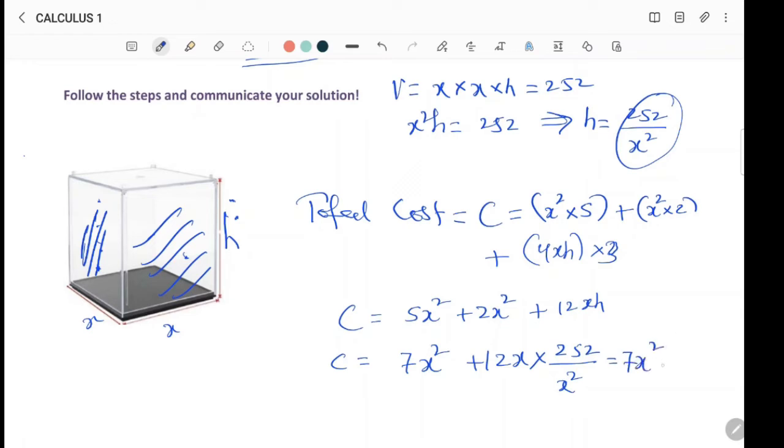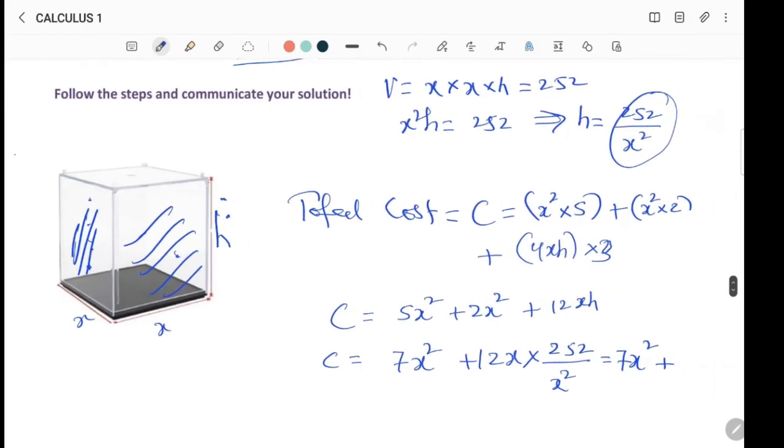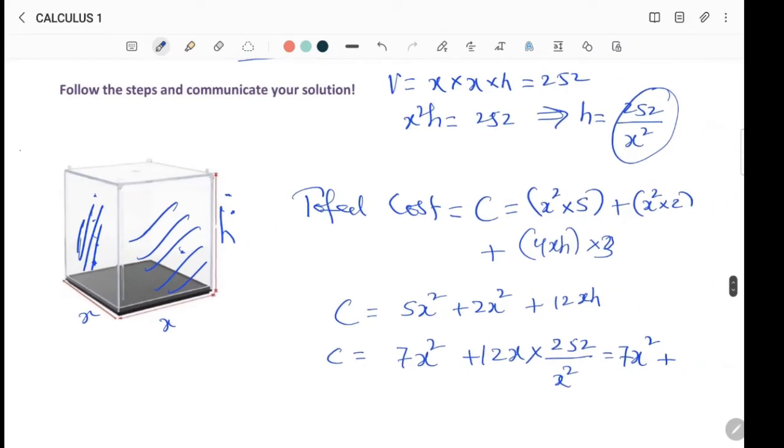So 7x square plus 12 times 252 over x. This is 3024, right?